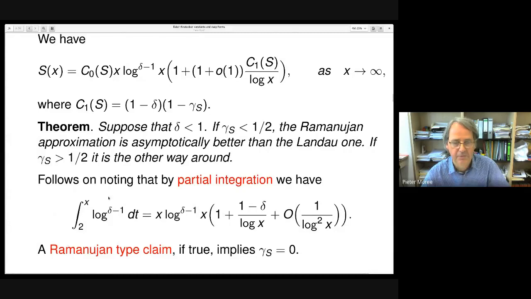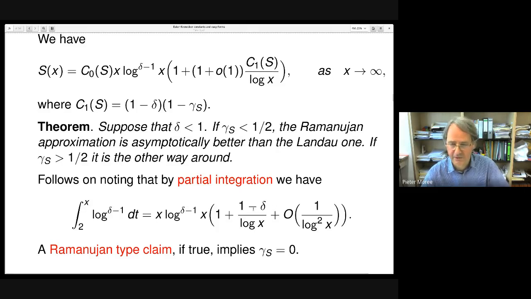Namely, if I look at the integral, the Ramanujan form, then I can just partially integrate it, and then as a second order term, I just get 1 minus delta. And thus the asymptotic approximation basically gives you at this point 0.